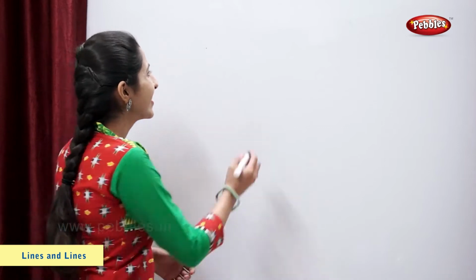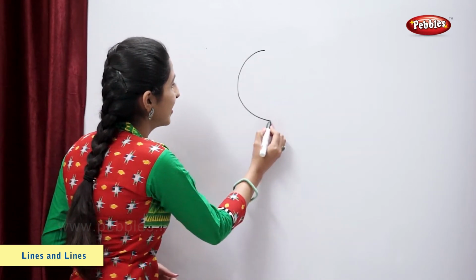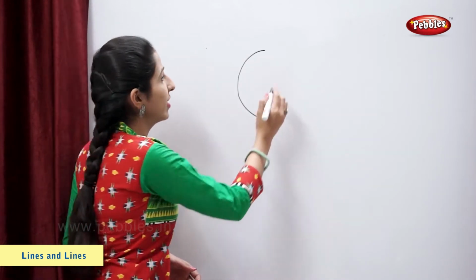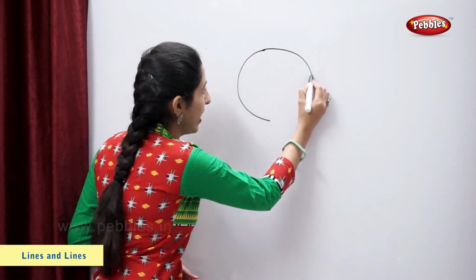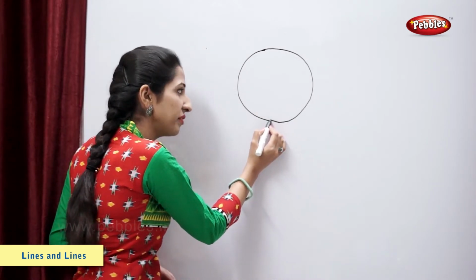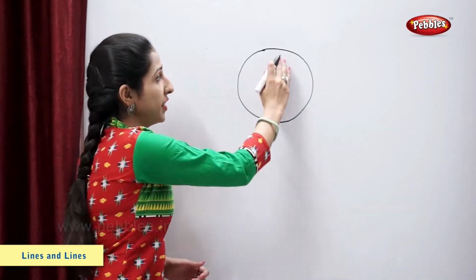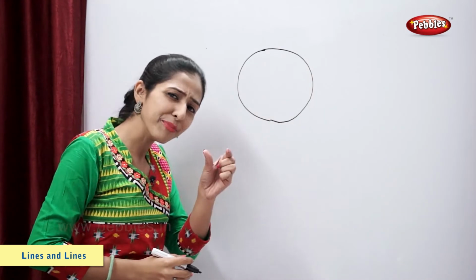Now, let us draw a wall clock. This is a curve. And this is another curve. Let's draw number markings using small lines.